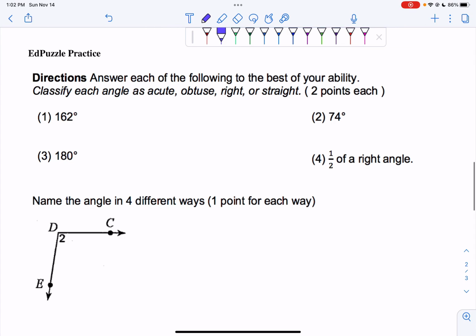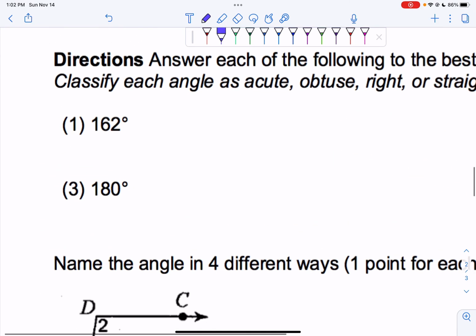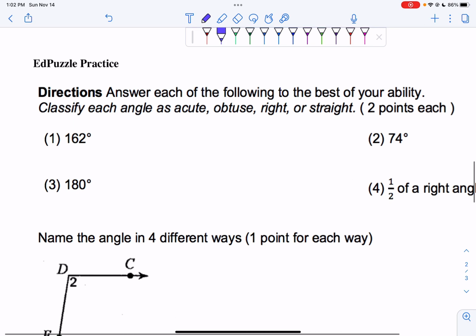Now these are some independent question practice from the Edpuzzle. So answer each of the following best to your ability. Classify each angle as acute, obtuse, right, or straight. So if I have a 162-degree angle, that's larger than 90 and smaller than 180, so I can say that this is an obtuse angle.